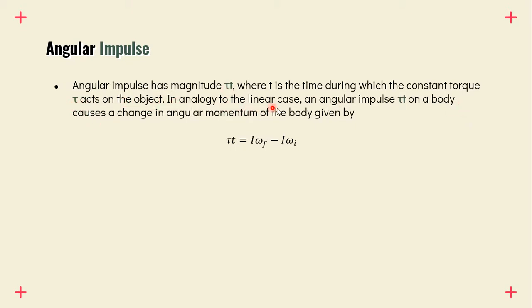In analogy to the linear case, the angular impulse, I forgot what this Greek letter is, but this is torque times t on a body, and it causes a change in angular momentum of the body given by Iωf minus Iωi. So torque times time is equal to I times the change in angular velocity.